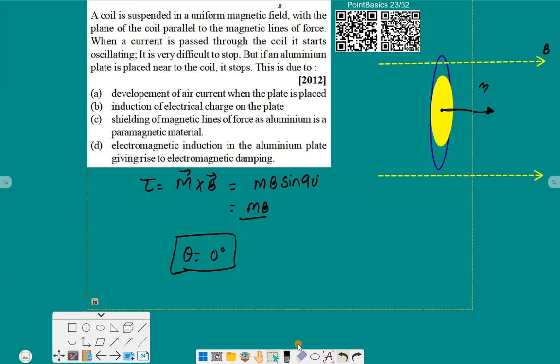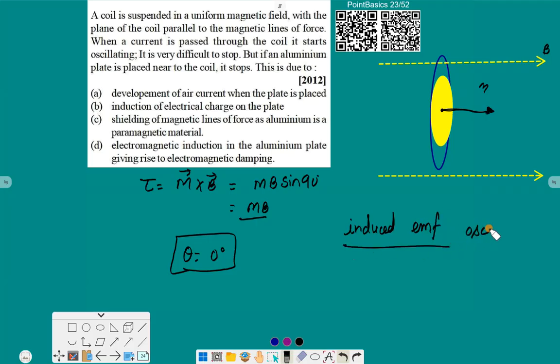So due to induced EMF, the oscillatory motion stops, and this phenomenon is known as electromagnetic damping. That induced EMF is causing the motion to stop.